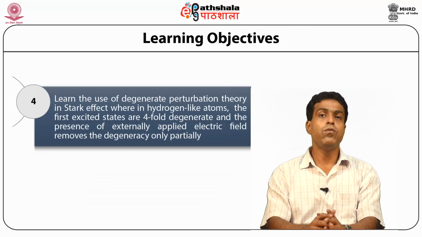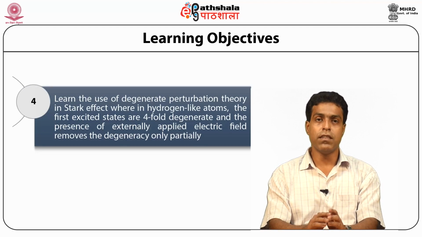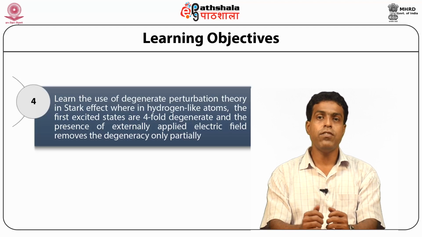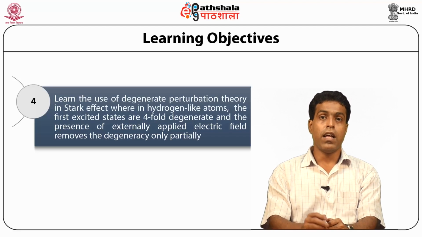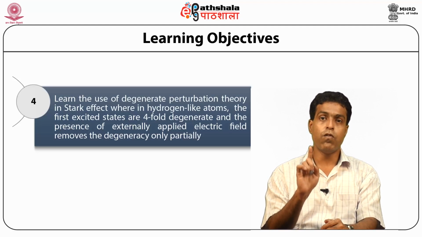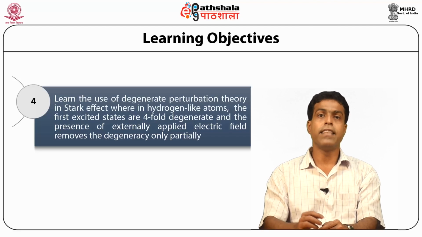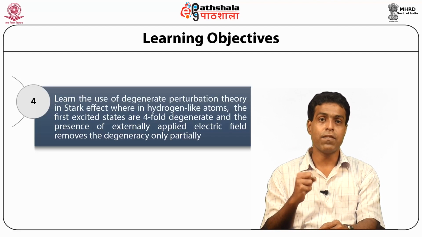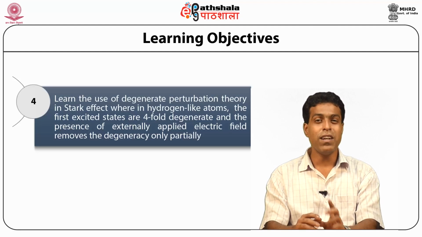We will learn to use degenerate perturbation theory in the Stark effect, where in hydrogen-like atoms the first excited states are fourfold degenerate, and the presence of an externally applied electric field removes that degeneracy only partially.